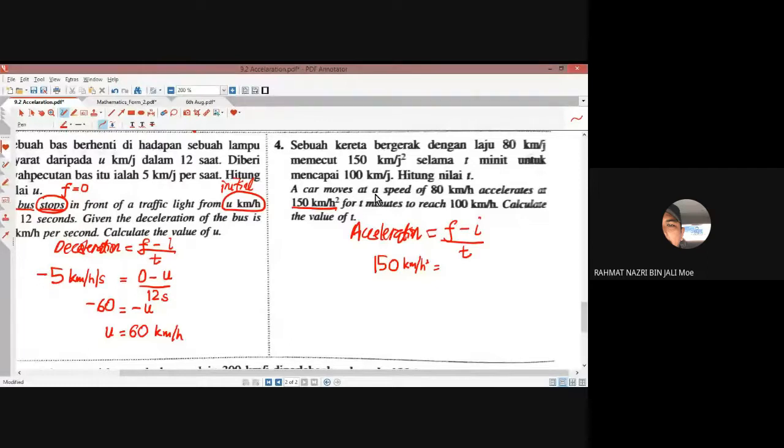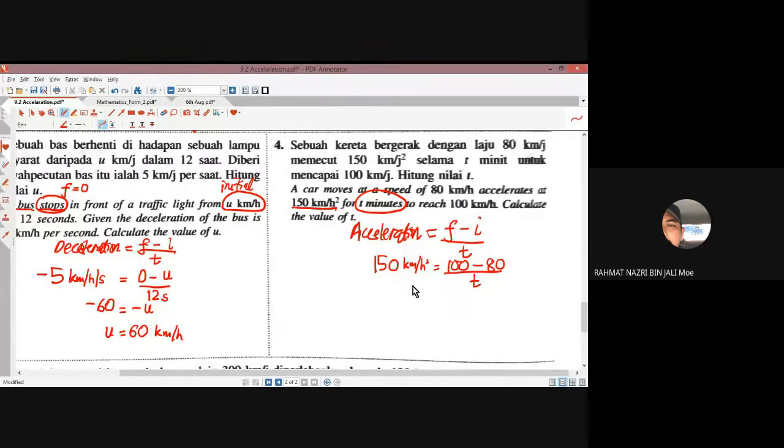A car moves at a speed of 80 kilometer, accelerate to reach 100 kilometer per hour. So 100 kilometer per hour is the final, minus initial 80, then t, and we're gonna get the t in hour later. The answer is in hour, but we have to convert it to minutes.